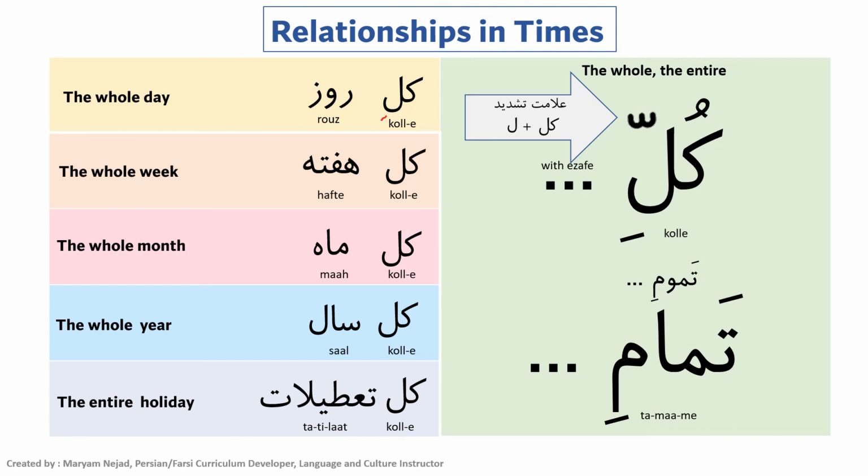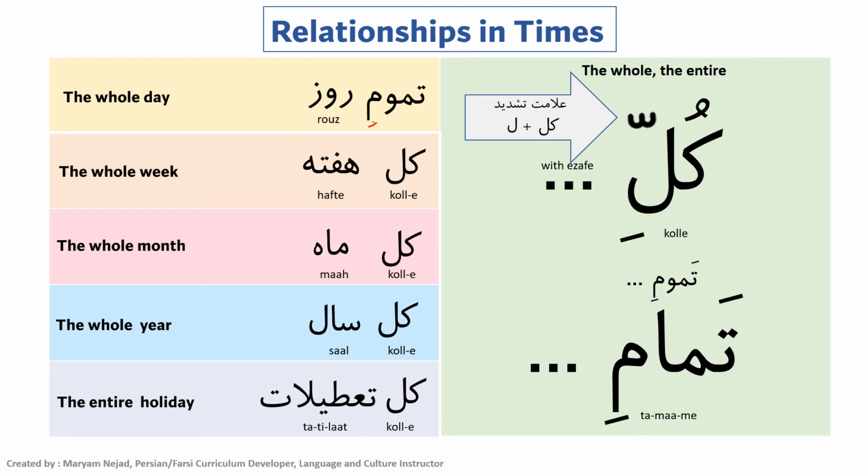So kolle here, and then there's also an implied tashdid. So kolle ruz. Or we can also say tamam ruz, which still needs ezafe, tamam ruz. Or if you want to speak colloquially, then tamum ruz.